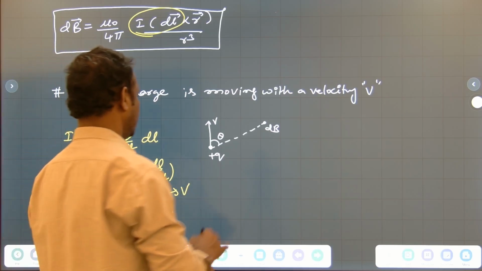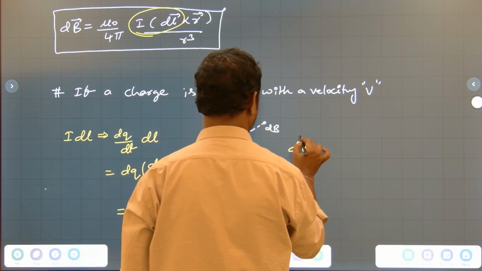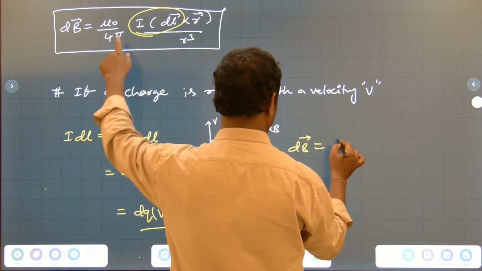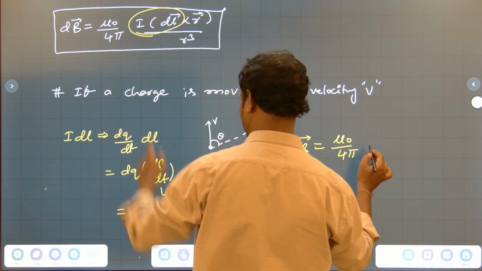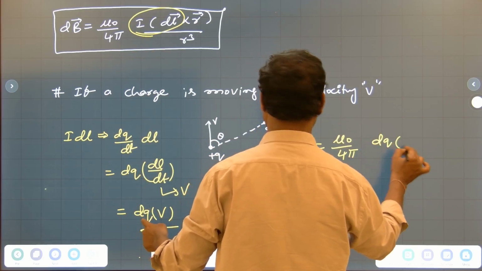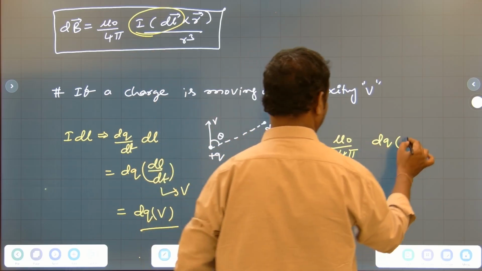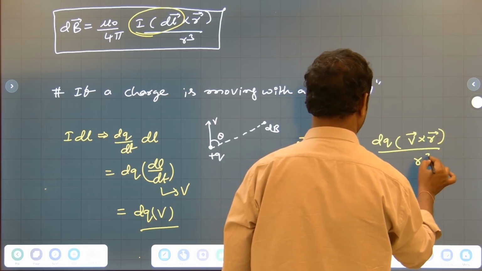Now the Biot-Savart law for the magnetic field due to a moving charge: dB equals mu naught by 4 pi, I dl means dq into v vector cross r vector by r cube.